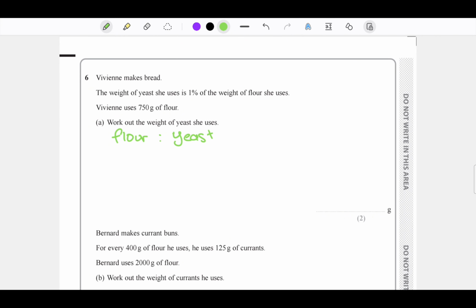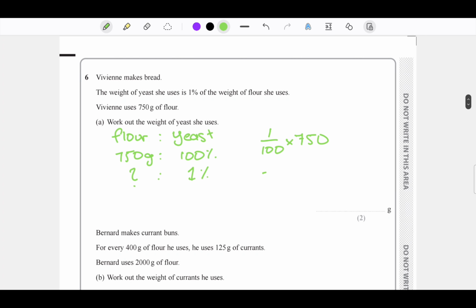We know that 750 grams equals 100%. So what is 1%? 1 over 100 times 750 would give us our answer of 7.5 grams. That is the weight of yeast she uses.